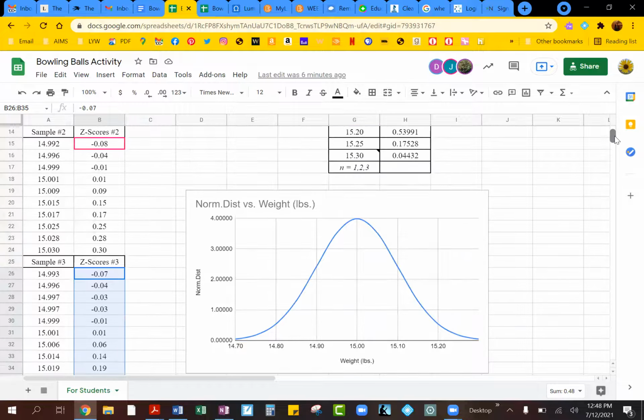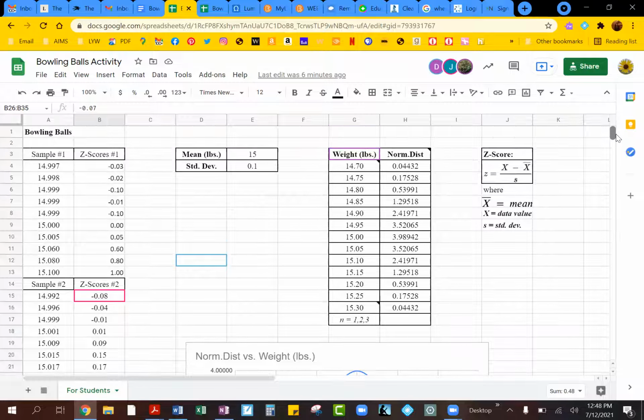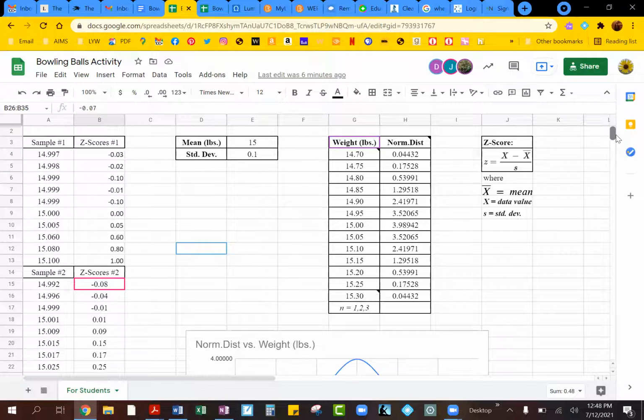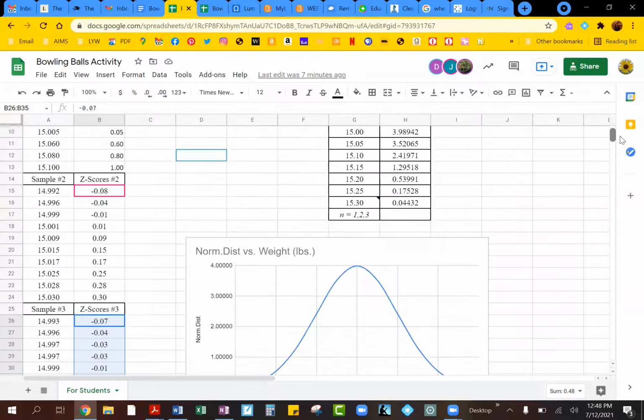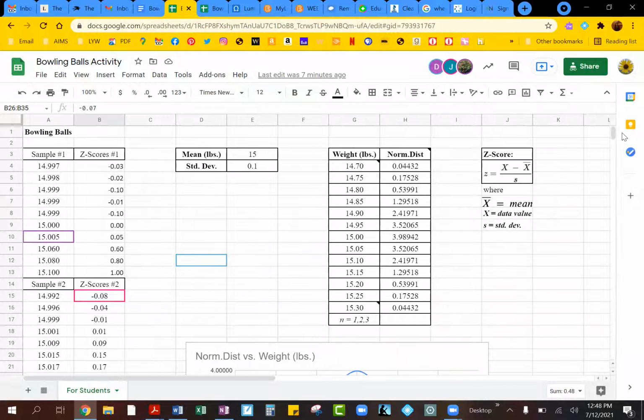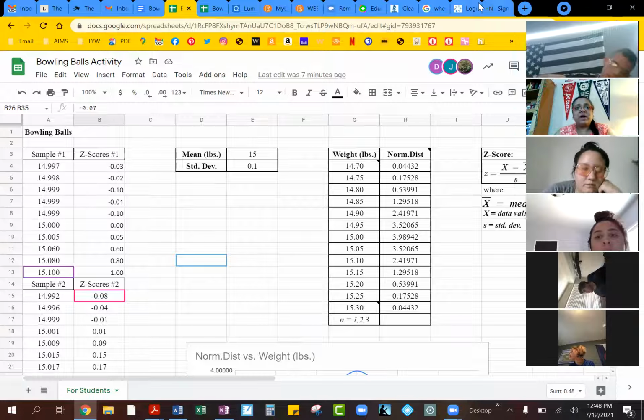So I was just wondering, because if you go over here to sample 1, sample 2, and sample 3, there's like 30 samples, I think. Yes, but you will notice that we actually did not use those numbers to come up with our weight table, because those numbers are getting into the finer measurements.